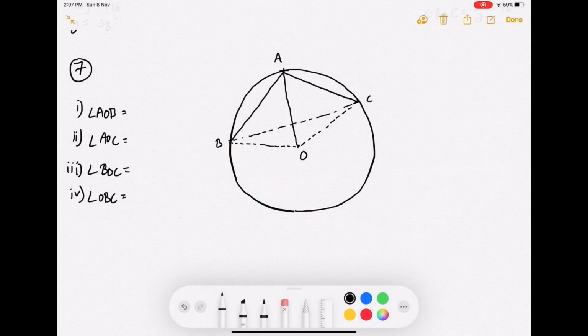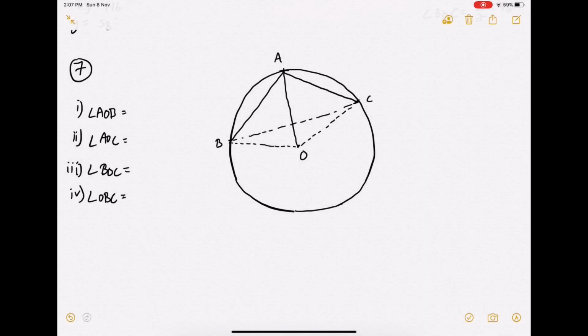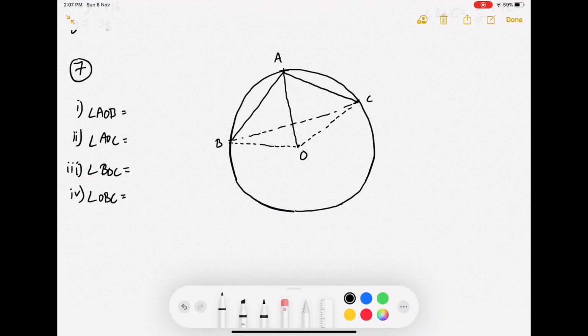In question number 7, in the given figure, AB is the side of a regular hexagon and AC is the side of a regular 8-sided polygon, which is an octagon, but the necessary information is that it has 8 sides. Now you have to find out the measures of 4 different angles, starting from angle AOB. So let's focus on AOB, which is over here.